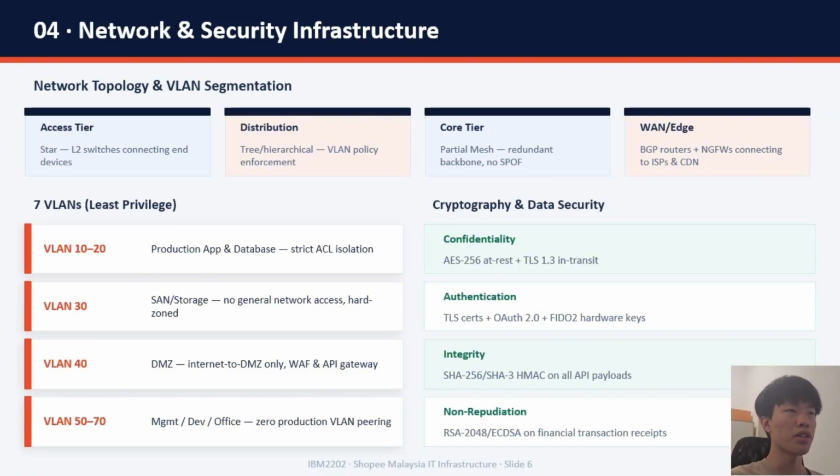Integrity is enforced via SHA-256 HMAC on all API payloads, and non-repudiation is provided by RSA digital signatures on every financial transaction.